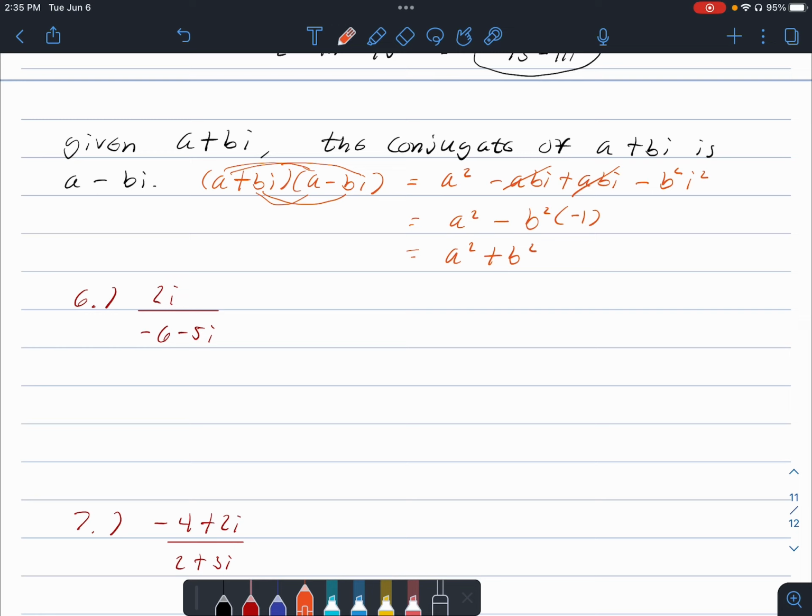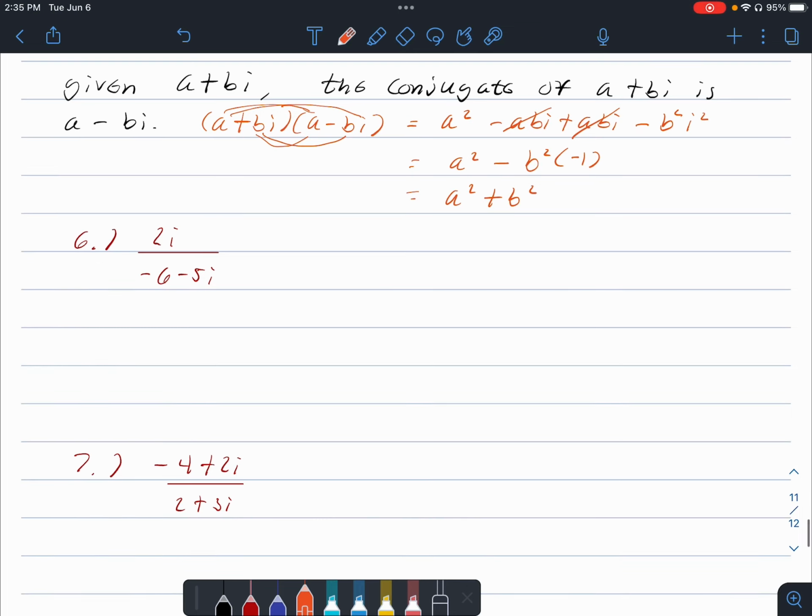And so what you'll notice is we've done away with the i altogether. We just have a real number. That's what we're dealing with here. We've now eliminated the imaginary part by doing that. And so we can take this little fact here and do something quite clever. So let's look here at number 6.